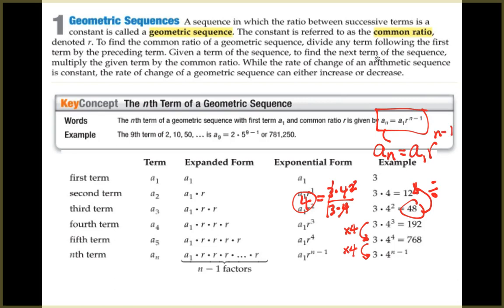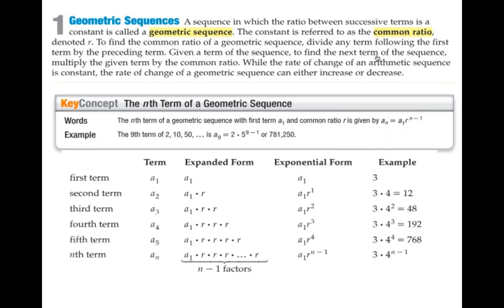When n is 1, I have 1 minus 1, so the exponent becomes 0, and r to the 0 is not 0 but 1, and I'm just left with the first term, a sub 1. So that's how that works when n equals 1. All right, so that's our setup, and we're going to go through the different mechanics of how these work, keeping in mind that we're multiplying by a value.